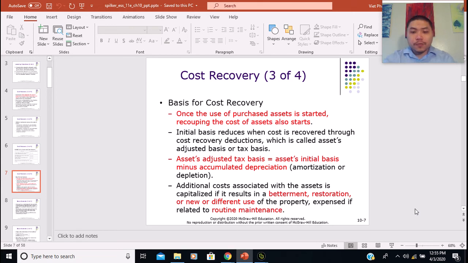For expenses related to routine maintenance, the owners can expense them right away.